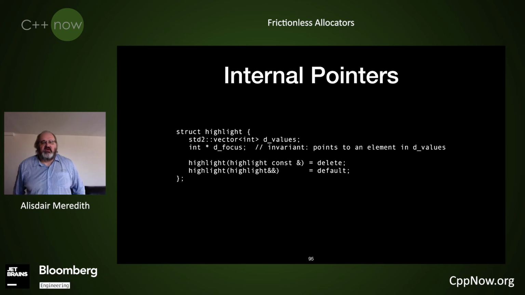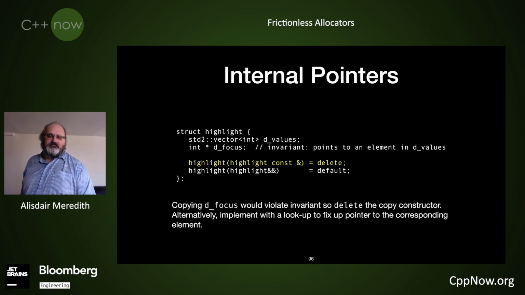You can see why when you look at an example like this. I've got one of my new allocator-aware vectors, and I've got a pointer to one of those elements in the vector. That's my invariant. The invariant is that the pointer D under focus has to point to an element that's in that vector. So I can delete the copy constructor because by default that's not going to do the right thing.